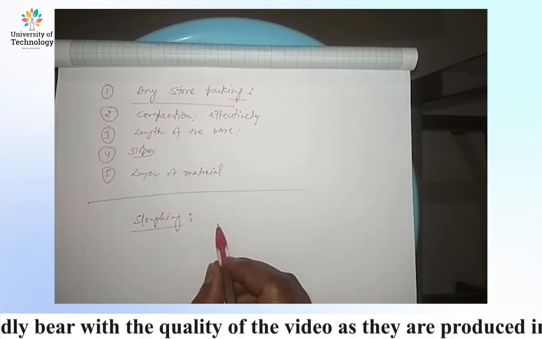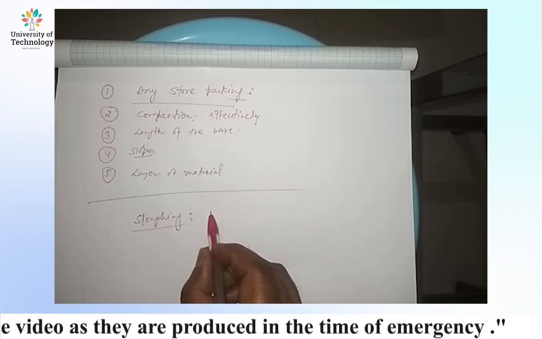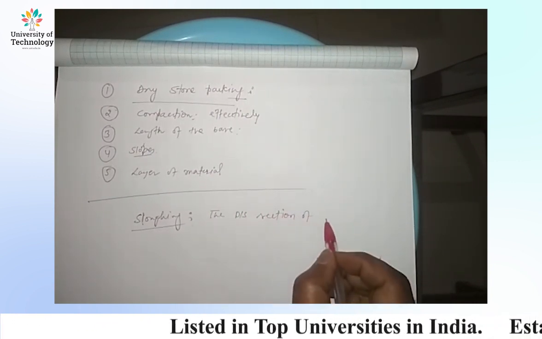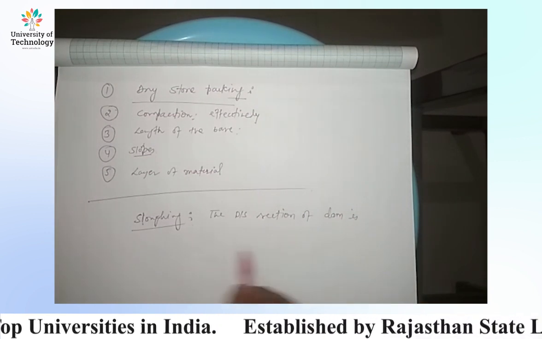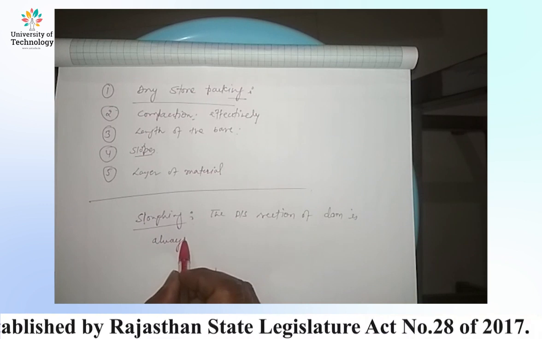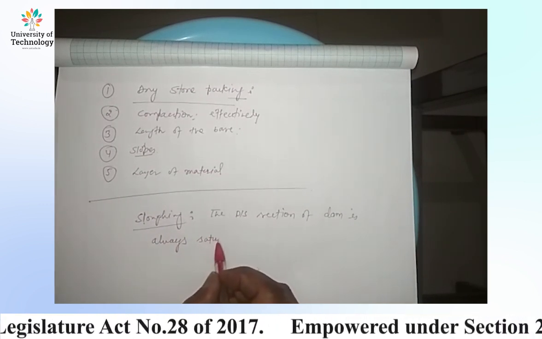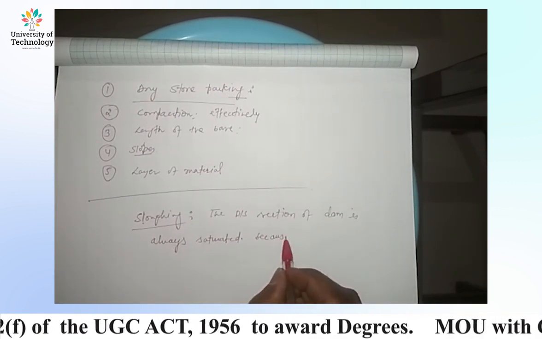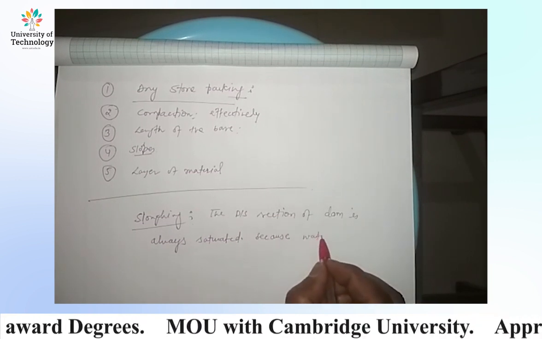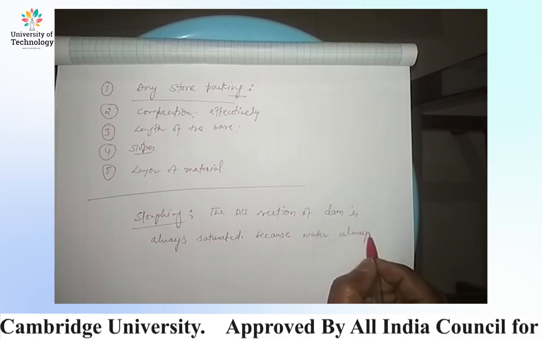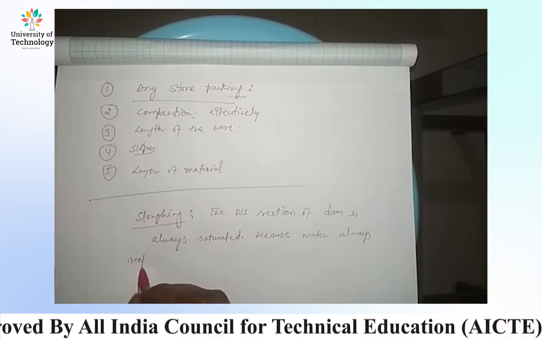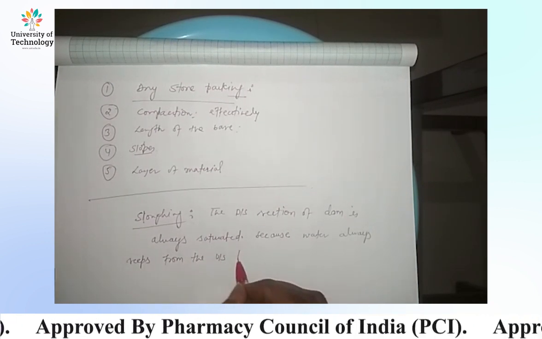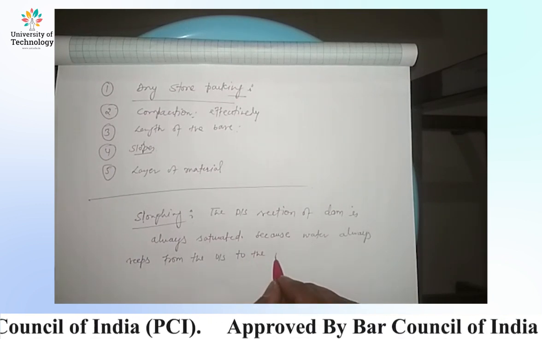The downstream section of the dam, as you know, is always saturated because water always seeps from the upstream to the downstream side.